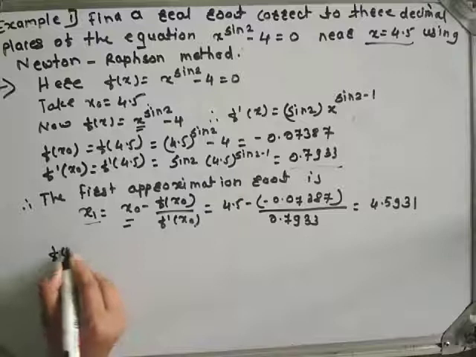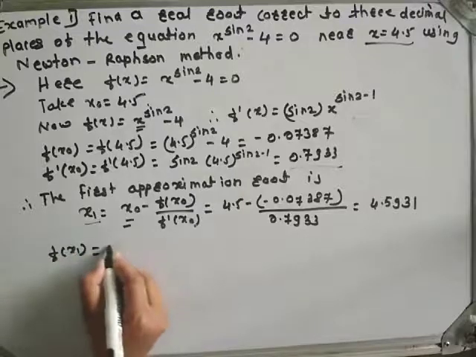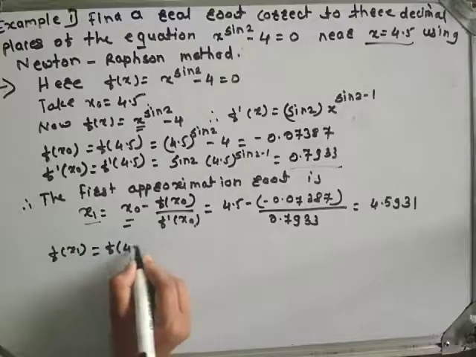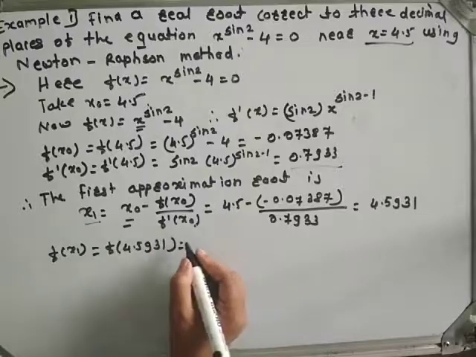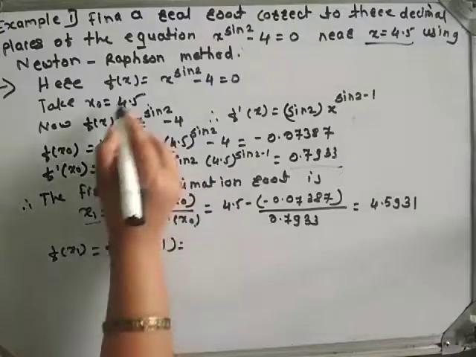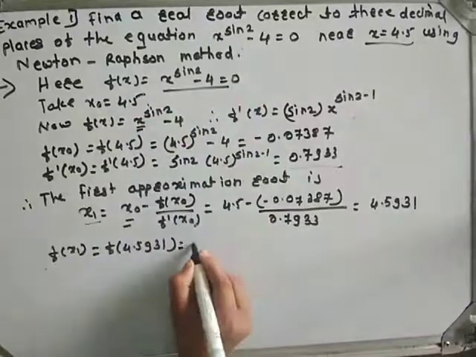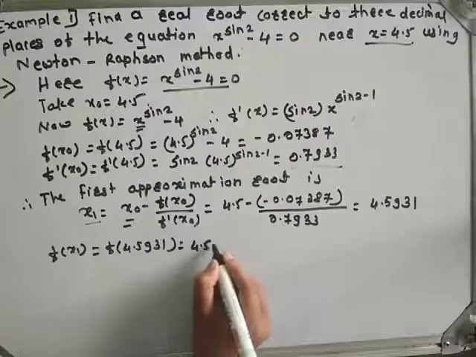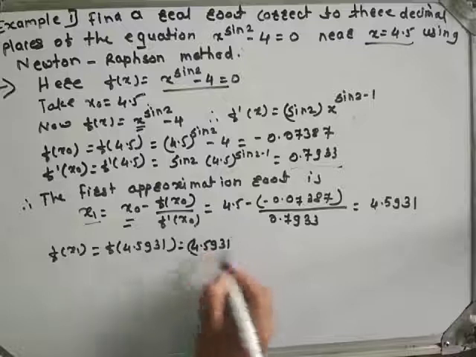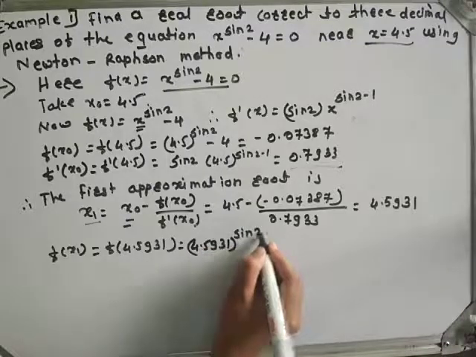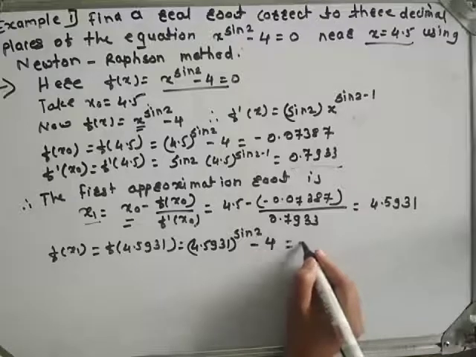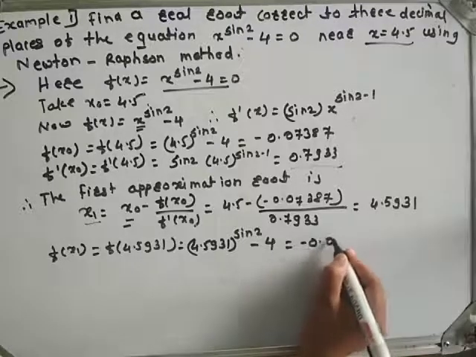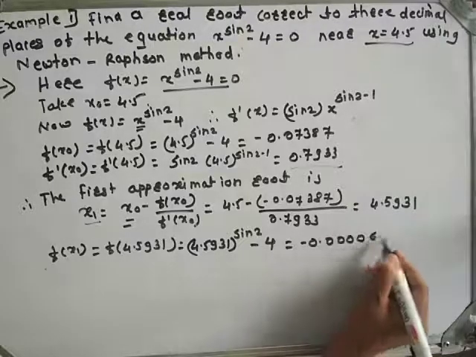Now we have to find f(x1), that is f(4.5931), which is equal to 4.5931^sin2 - 4, which is equal to -0.00068.